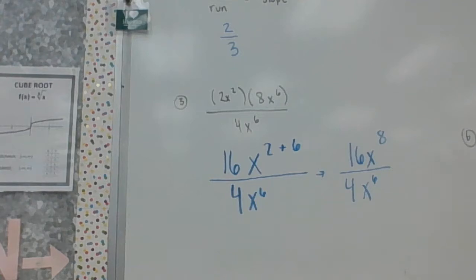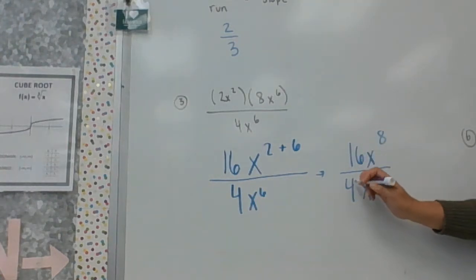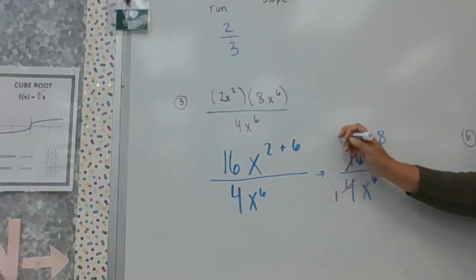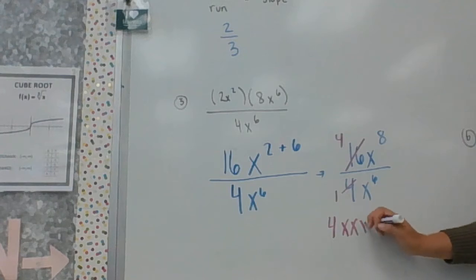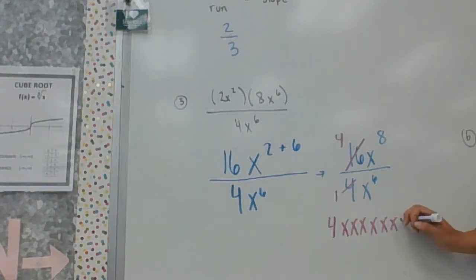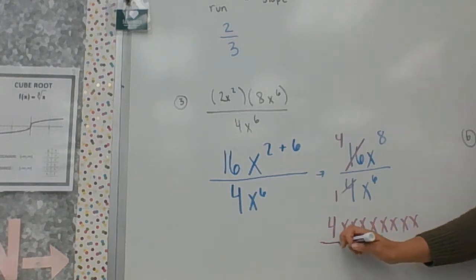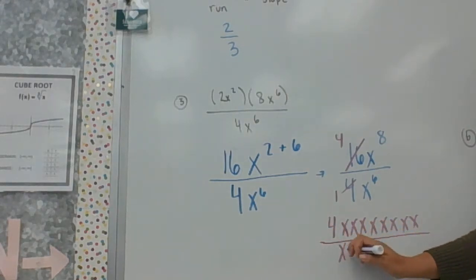I said you could break this out every time. First off, 16 divided by 4 is 4. So I could write out 8 x's: 1, 2, 3, 4, 5, 6, 7, 8. And then I could write out 6 x's.